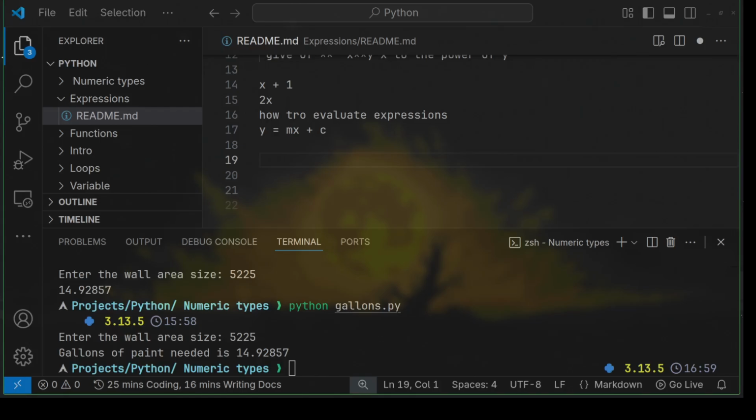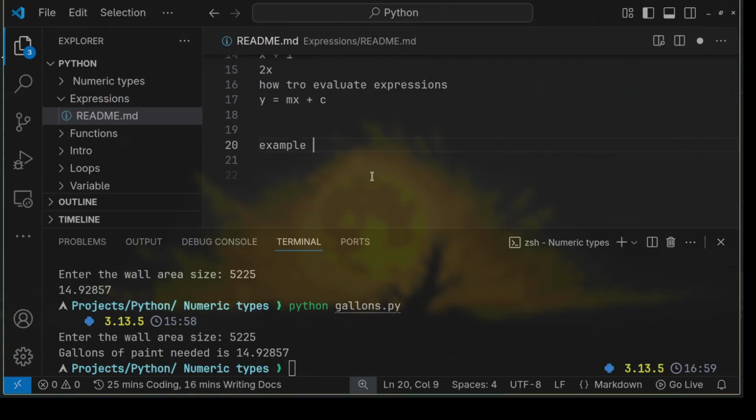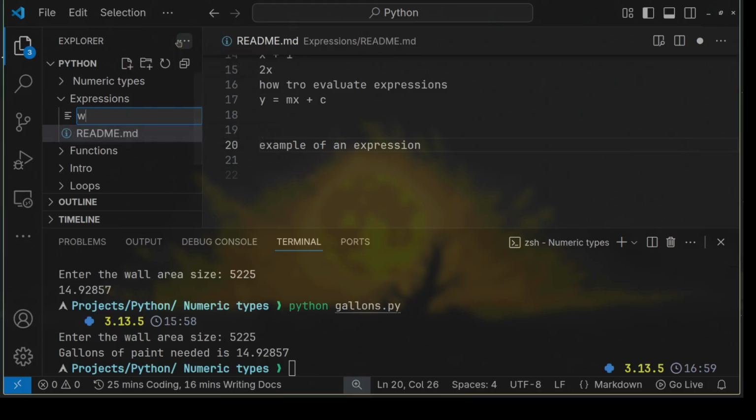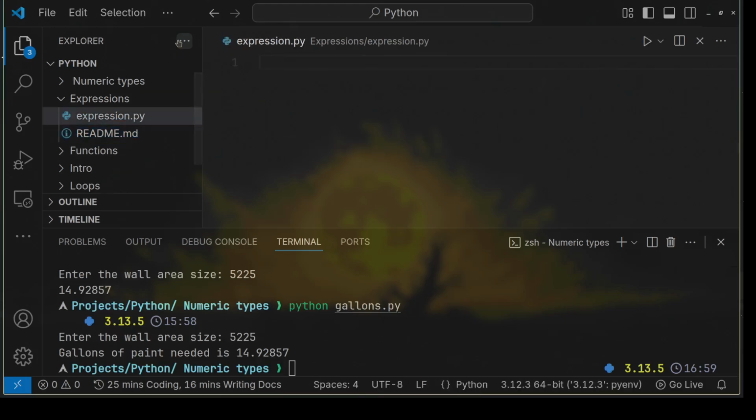We'll do an example and then we'll see how that works out. I hope that's most of what our expression comes to. So we're going to write an example on how to work with expressions.